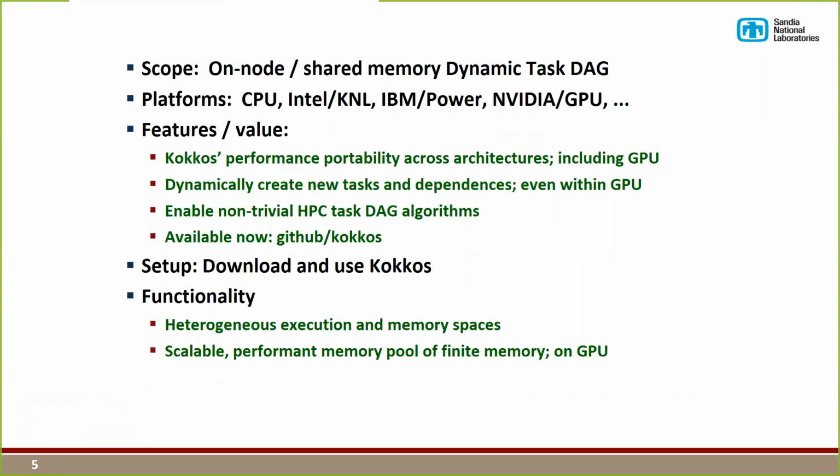This is, as was brought up earlier, a dynamic task stack, where you're actually creating tasks on the fly, on the GPU, or on whatever backend it is, CPUs, Intel KNL, Power, GPU, etc. So we have write once, compile, and execute anywhere. Dynamically creating tasks and new dependencies, and we're looking at very fine-grained tasks, as opposed to coarse-grained, around 200 flops inside of a task, to be able to get performance out of this. So very low overheads.